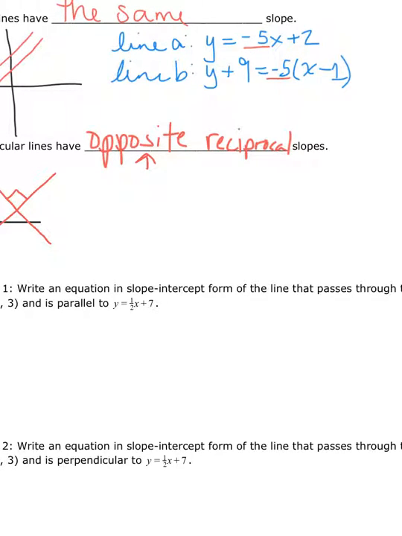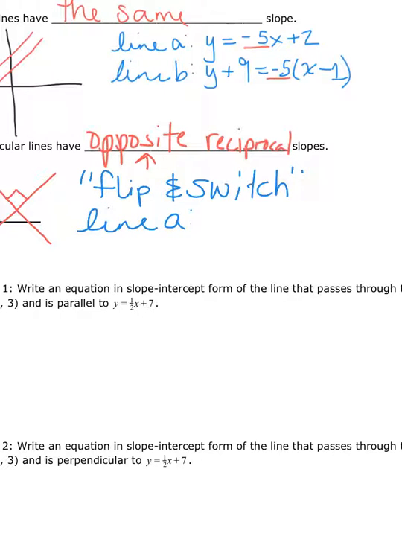What's a reciprocal? You flip it. So an opposite reciprocal: flip and switch. That's my catchphrase for opposite reciprocal. You flip and switch. So for example, let's say line A is y minus 6 equals, I don't know, what's a good slope? 8?